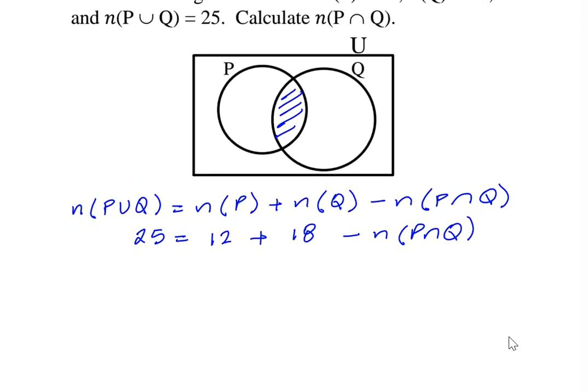It's not difficult. Minus this goes over and becomes positive. So the number of elements in P intersect Q would be equal to 30, and positive 25 comes over and becomes negative 25. So the number of elements in P intersect Q is 5. The number of elements in the shaded region of the diagram would be 5.